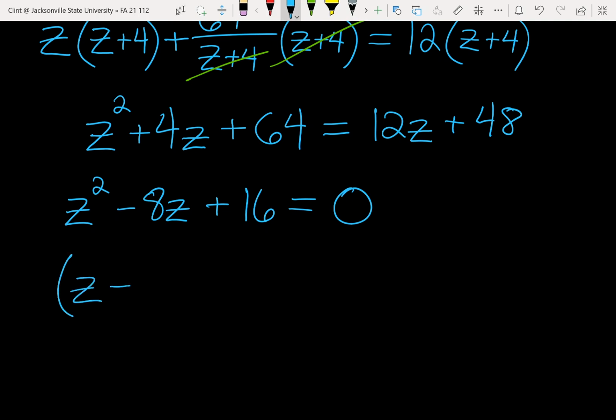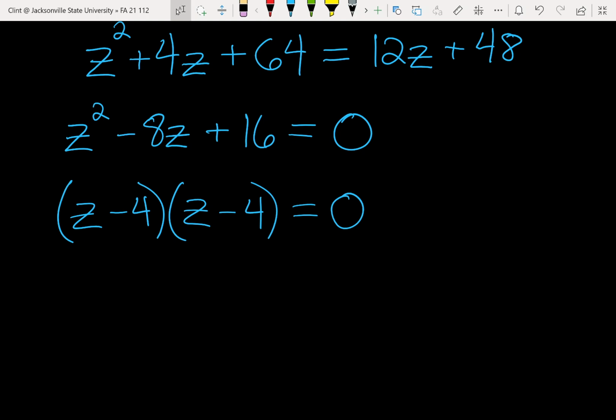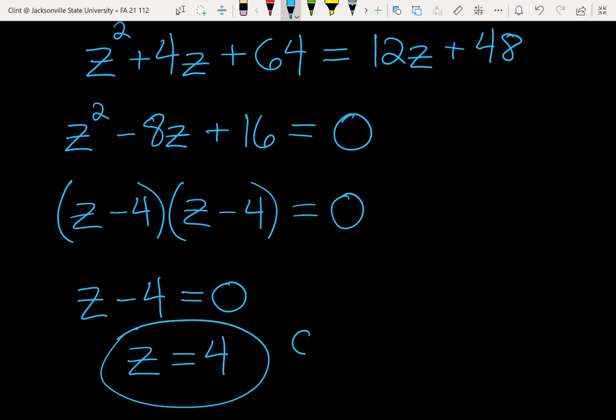We'll have z minus 4, z minus 4. And then we set both of these equal to 0. We really don't have to do both since they're the same. We get z equals 4.